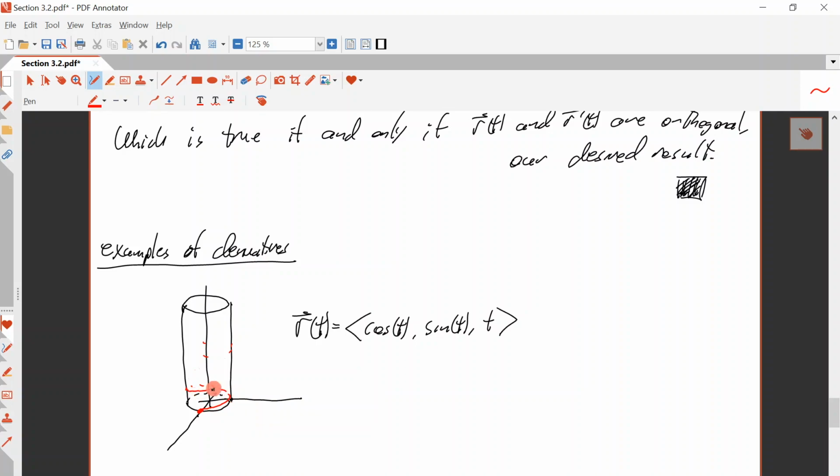So, there we go. Better. All right, and that lives on the cylinder, x squared plus y squared equals 1. It lives on that surface because in this function, x squared plus y squared does equal 1. The z just tells us how we're moving along that cylinder.